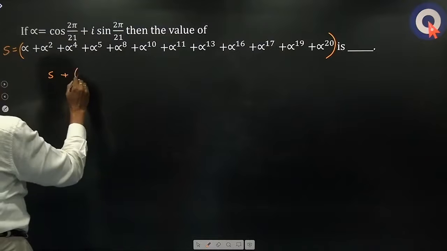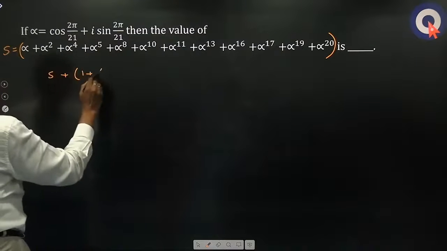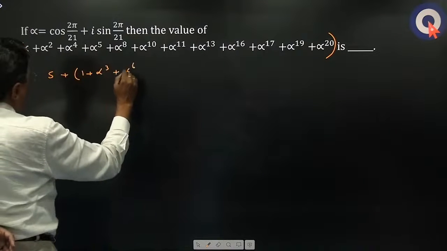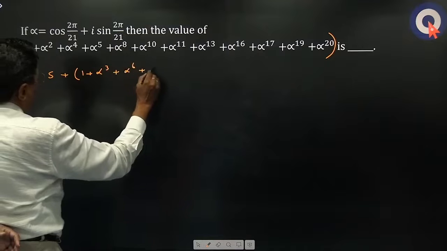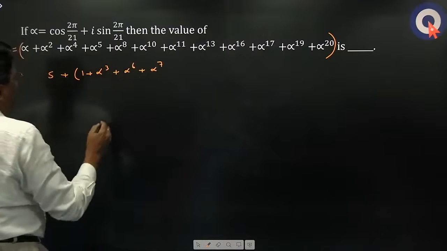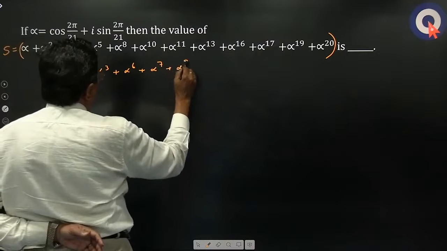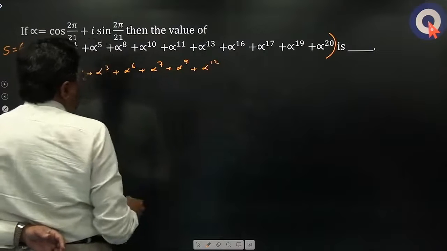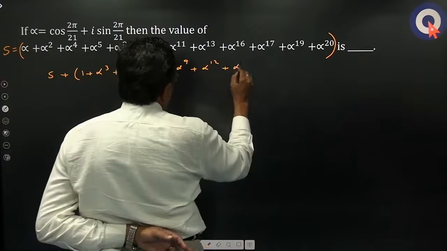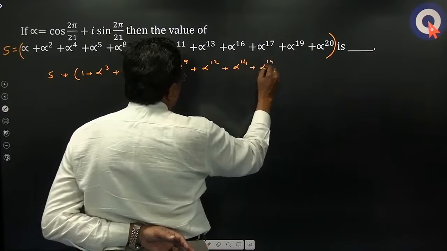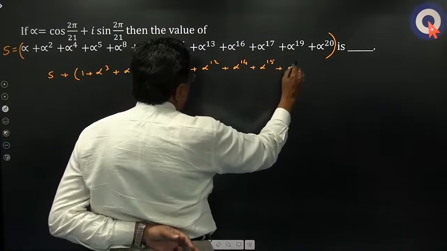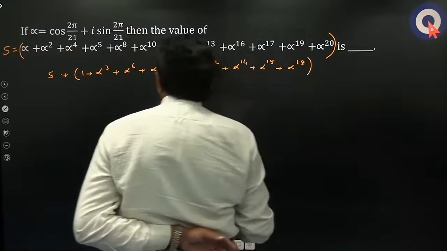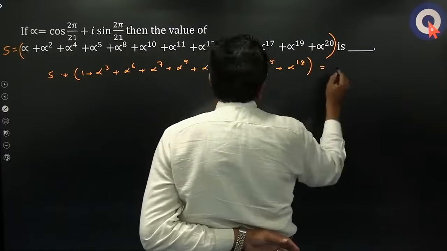Missing terms are 1, alpha square, alpha cube is missing, alpha power 4, alpha power 5, alpha power 6 is missing, alpha power 7 is missing, alpha power 8 is there, alpha power 9 is not there, alpha power 10, alpha power 11, alpha power 12 is not there, alpha power 13, 14 is missing, 15 is missing, 16 is there, 17 is there, 18 is not there, 19 is there, 20 is there, fine. So this is the sum of all the roots, which is 0.